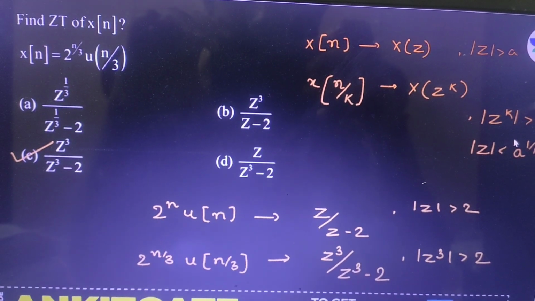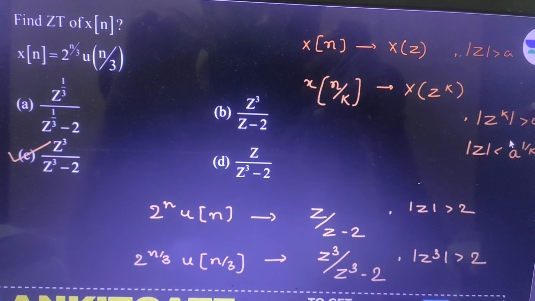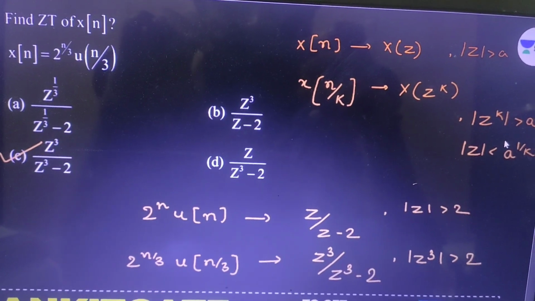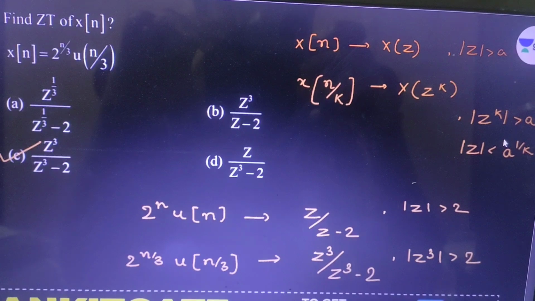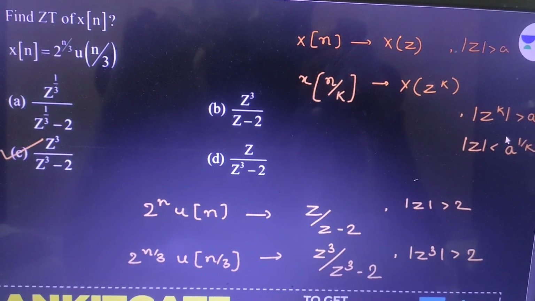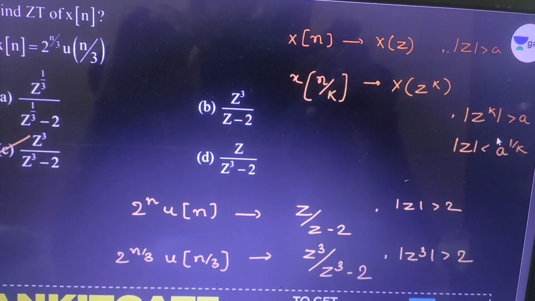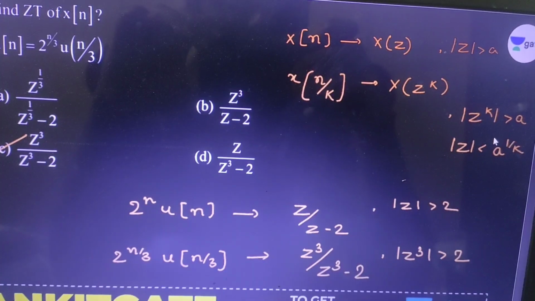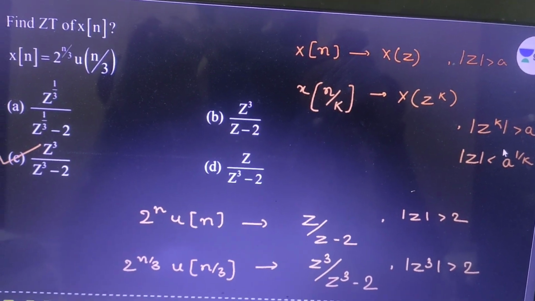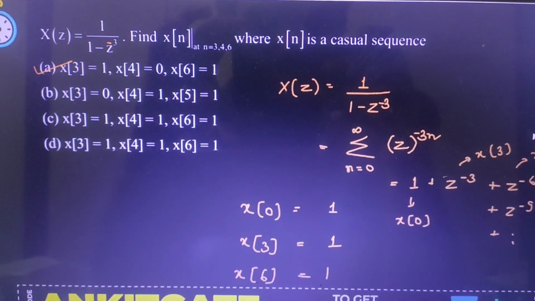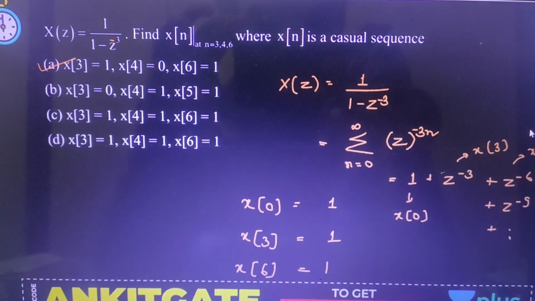Here 2 power n u of n is z by z minus 2, where z is greater than 2. So 2 power n by 3 u of n by 3 can be written as z cube divided by z cube minus 2, where z cube is greater than 2. X of z is 1 by 1 minus z power minus 3.